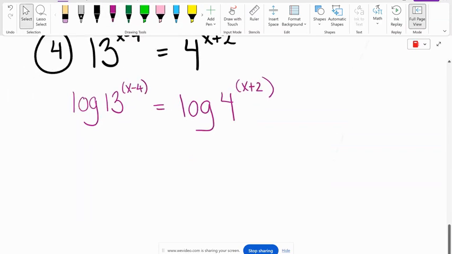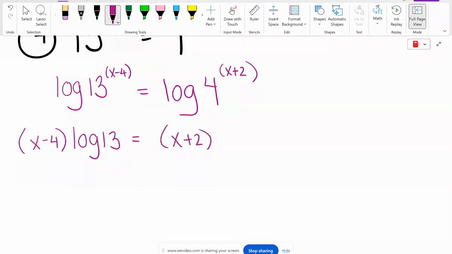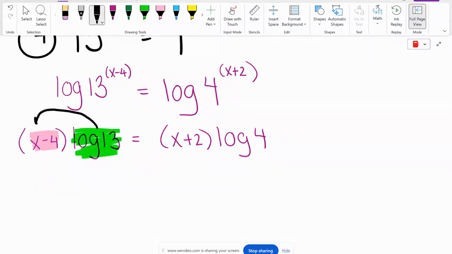I'm going to pull both exponents in the front. So this is the quantity of x minus 4 times log of 13 equals the quantity of x plus 2 times log of 4. Because this is a binomial multiplied by a monomial, I'm actually going to distribute in that log of 13.